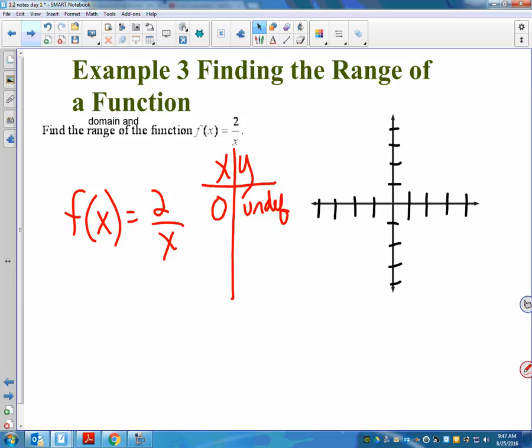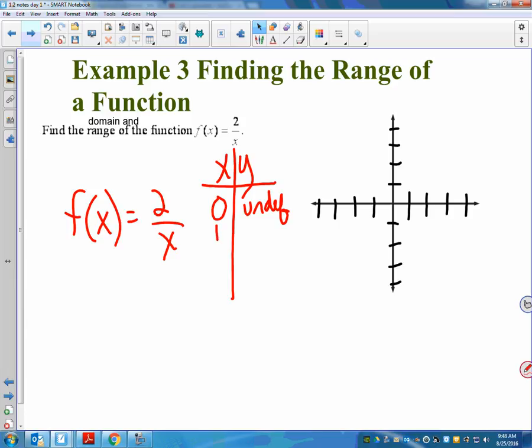Think about if you had $12 and you want to split it between 3 people, you take 12 divided by 3. But if you had $12 and you wanted to divide it into 0 people, you can't do that. You can take 12 divided by 1, you give people 12, but you can't take $12 and divide it into 0. Doesn't make sense.